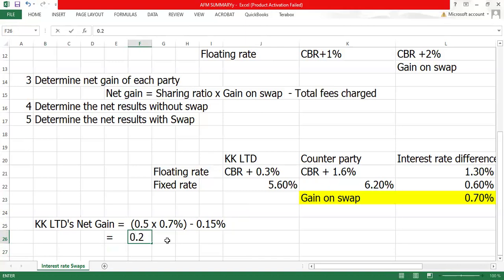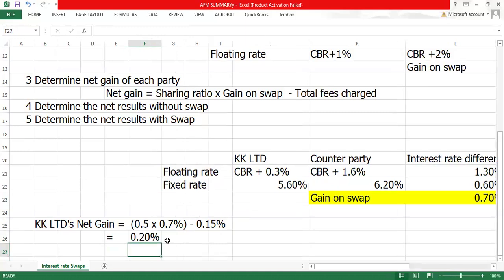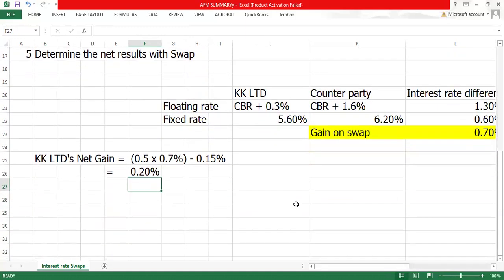The final answer? Yes. Let me hope that's clear. As you use your calculator, simply get 0.5 times 0.7, then minus 0.15. The answer you get will be in percentage.